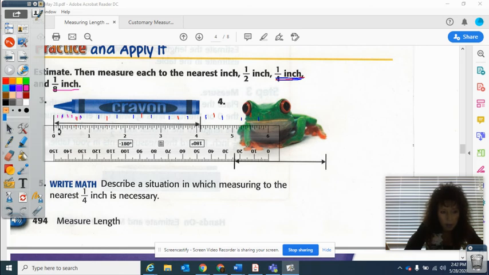Those are each an eighth. 1/8, 2/8, 3/8, 4/8, 5/8, 6/8, 7/8, and then 8/8 is 1 inch. 1 1/8, 1 2/8, 1 3/8, 1 4/8, 1 5/8, 1 6/8, 1 7/8, 2 inches. Okay, so the eighths, with a denominator of 8, just means I've divided my inch up into 8 sections. On this ruler, it's where the little line is just a tiny bit longer.